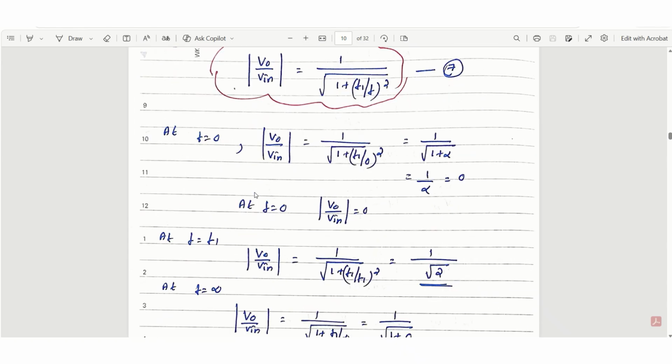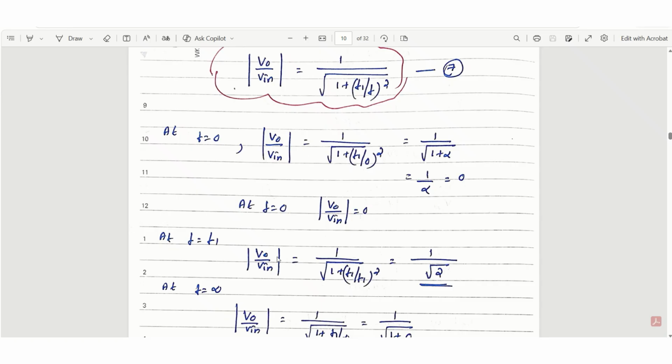At f equal to 0, the gain becomes, by applying f equal to 0, 1 plus 1 by 0, which means infinity, so 1 plus infinity becomes infinity. So at f equal to 0, the gain becomes 0.